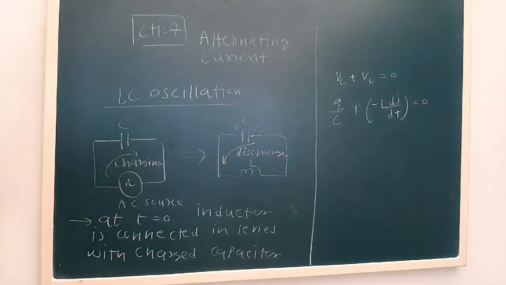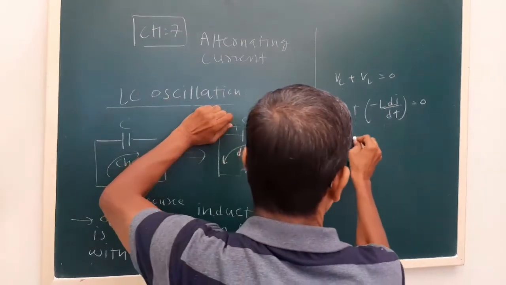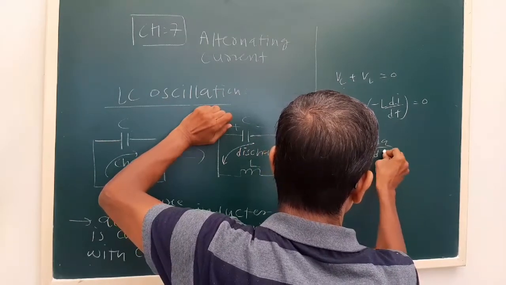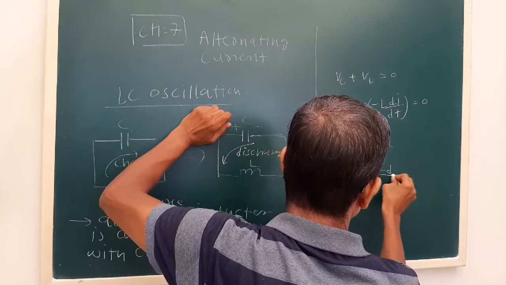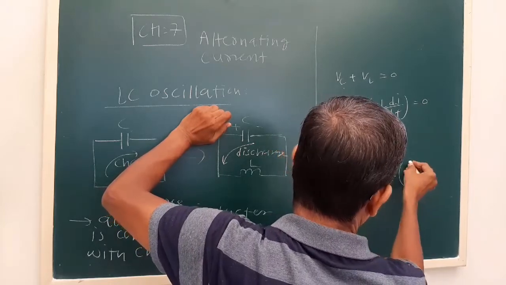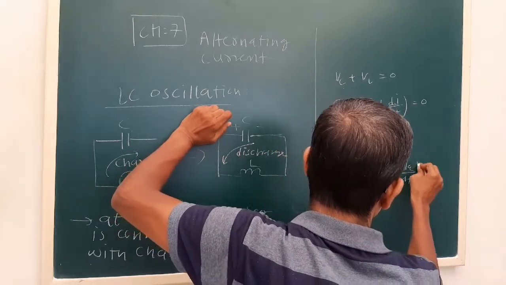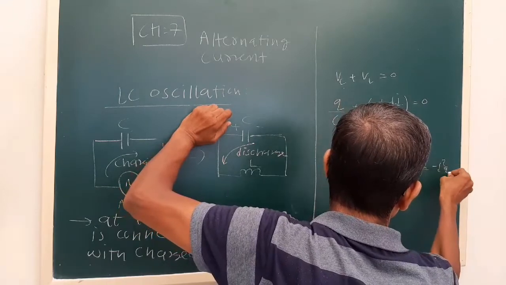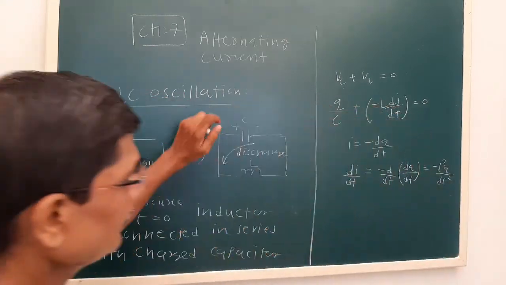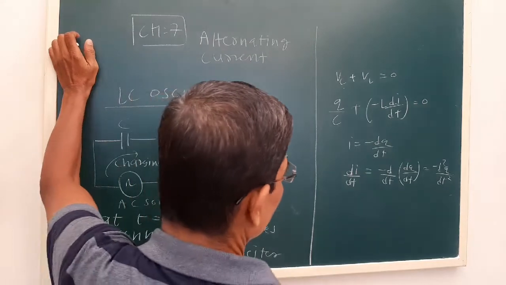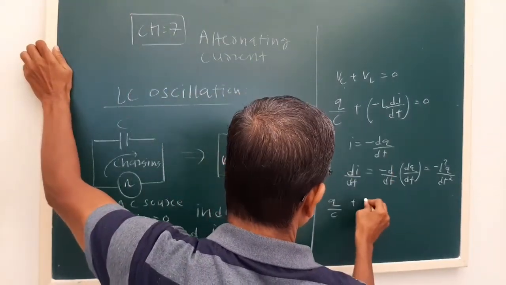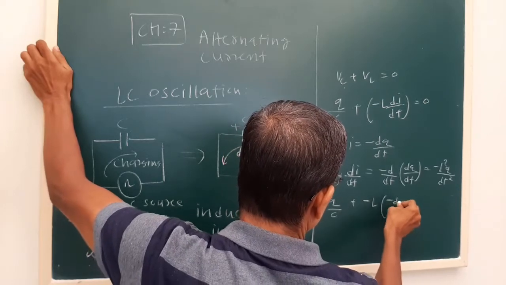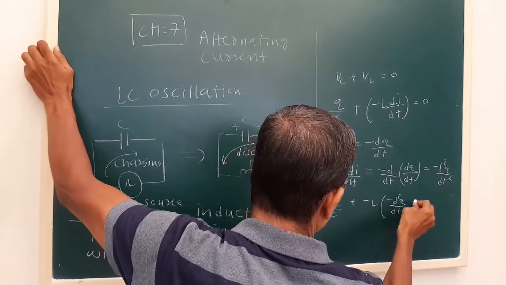Now here the charge is decreasing, so we can write I is minus dq by dt, and di by dt is minus d by dt of minus I have taken common. So this di by dt will become minus d square q by dt square.